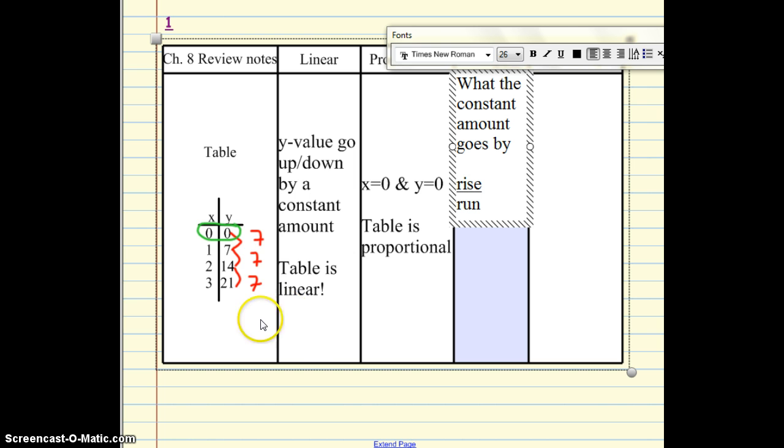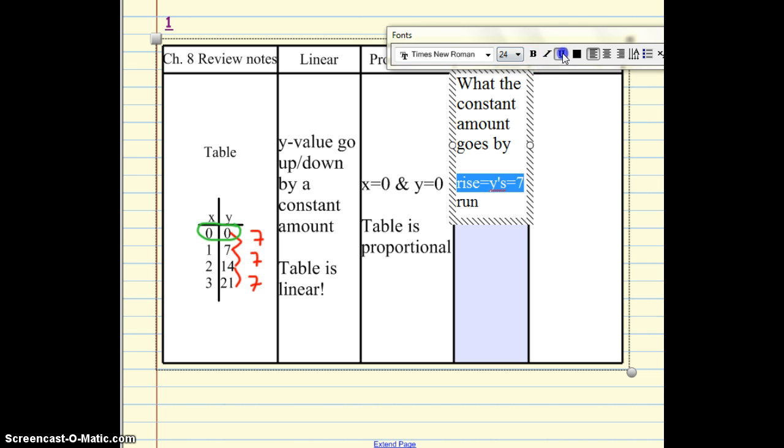As we take a look, in our table, our y's are going up by 7. So let me add that in here. This is our y's that we are going by, and we are going by 7. There we go. Now it fits a little bit better.